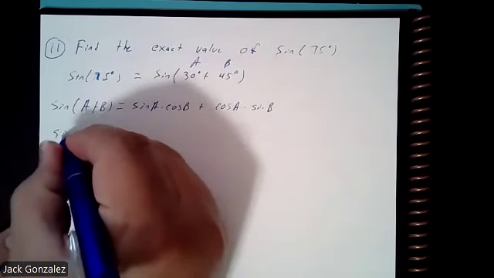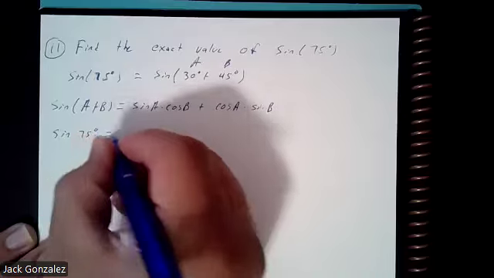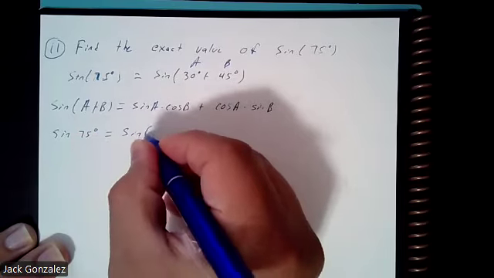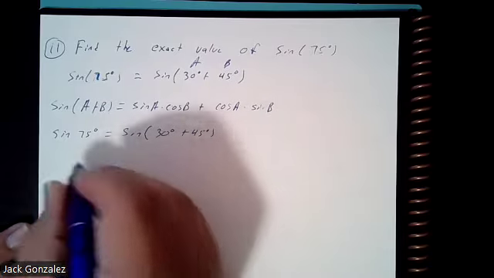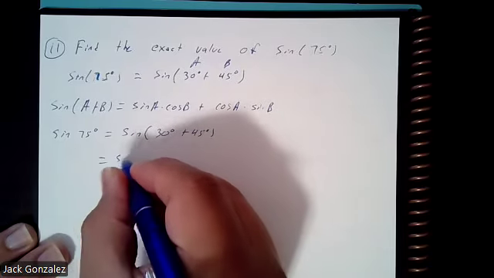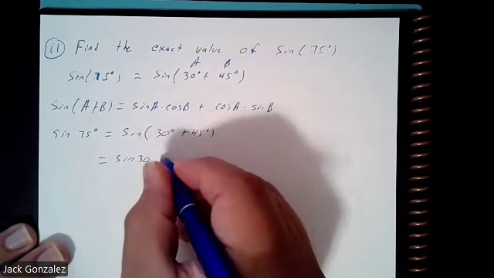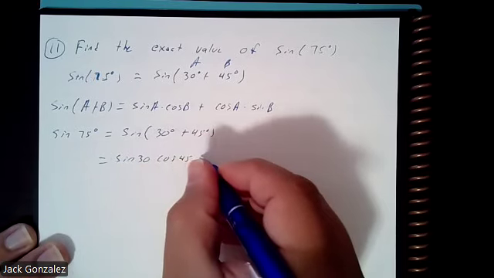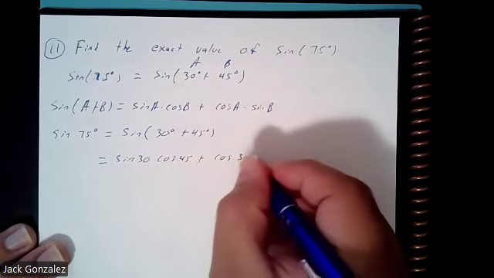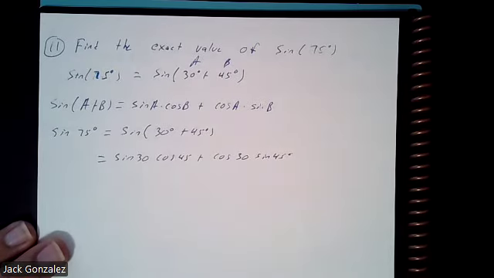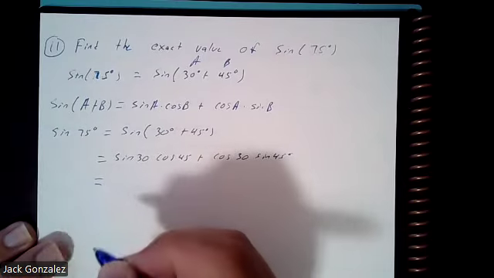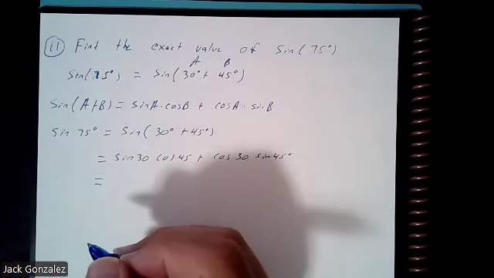So sine of 75 is equal to, let me use the formula right here, sine 30 times cosine 45 plus cosine 30 times sine 45. So now just look it up on your circle and we should be good.